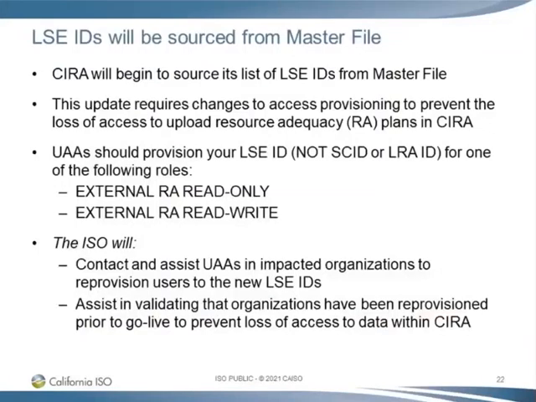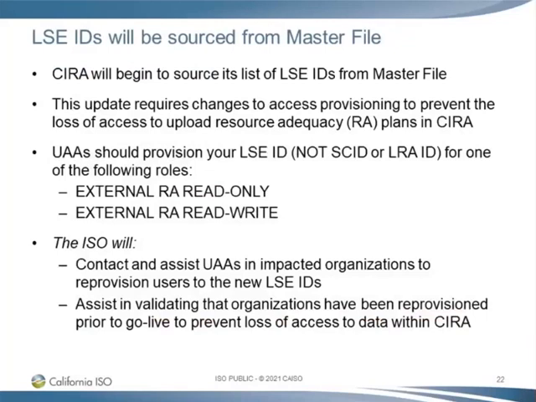Now, another change is that LSC IDs are now going to be sourced from master file. So CIRA will begin to source the list of LSC IDs from the master file application, and this update requires changes to access provisioning to prevent the loss of access to upload resource adequacy plans into CIRA.